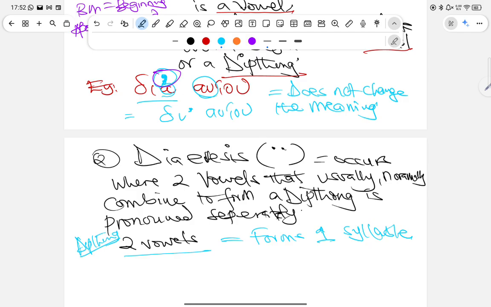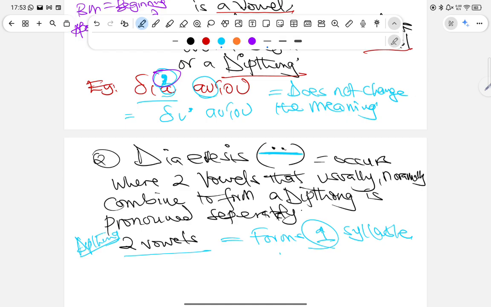Now, when diaeresis is used, these two dots here, on a diphthong, it's telling you that even though the usual rule is that each letter's sound is pronounced but as one syllable, the sound of those letters is going to be separate, which means there's going to be a prolonging.